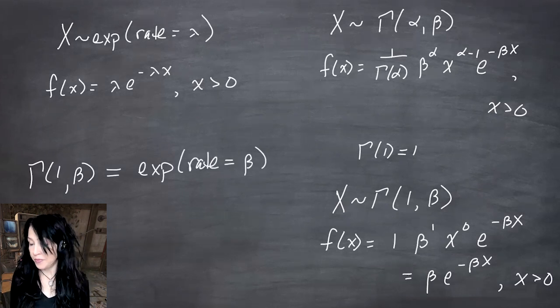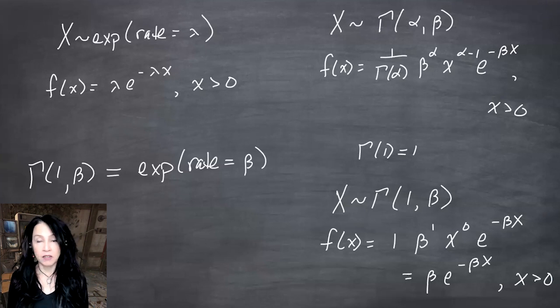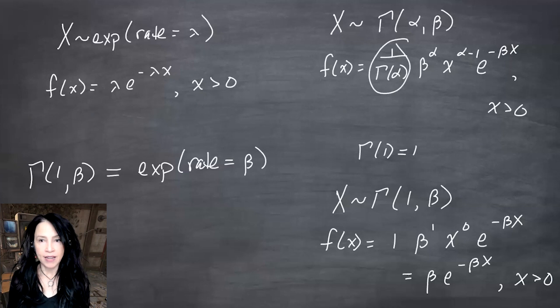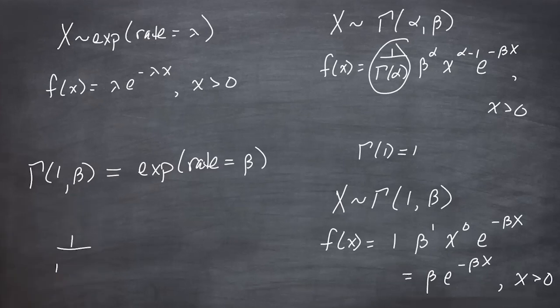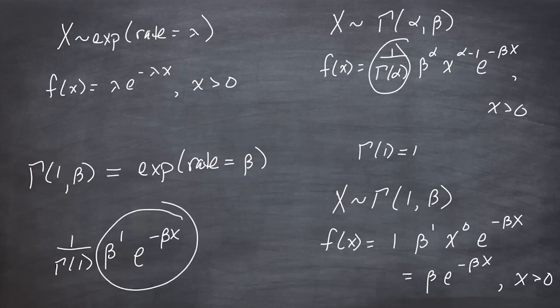So that was fairly easy to see, even if you didn't know how to define the gamma function. If you plug in alpha equals 1, and you were left with 1 over gamma of 1, beta to the 1, x to the 0, e to the minus beta x, you know now that gamma of 1 has to be 1, because this is the exponential PDF that integrates to 1 as x goes from 0 to infinity.